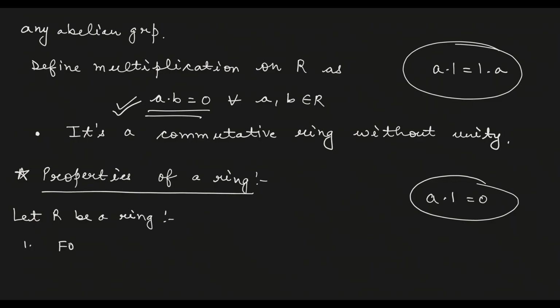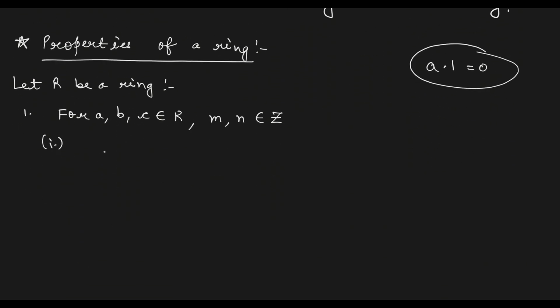First, for a, b, c belongs to R, m and n belongs to integers. First, 0 into a is equals to a into 0 is equals to 0. Second property, a into minus b is equals to minus a into b, this is equal to minus ab.